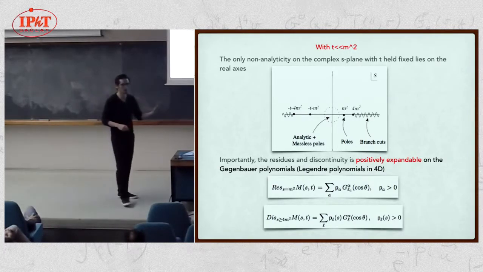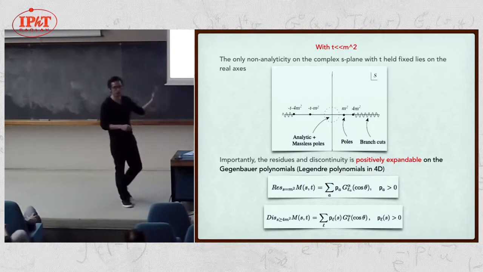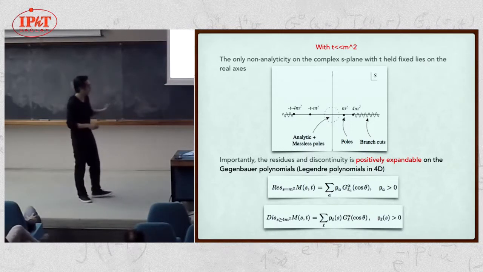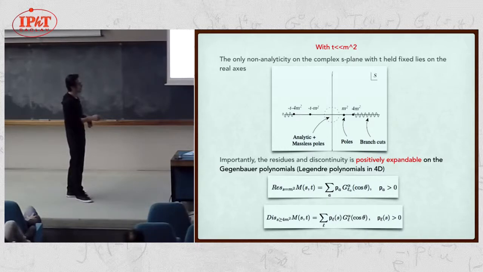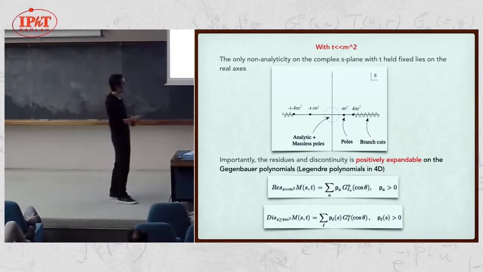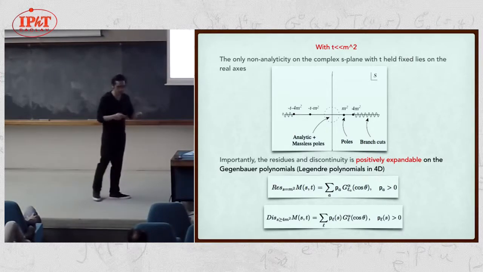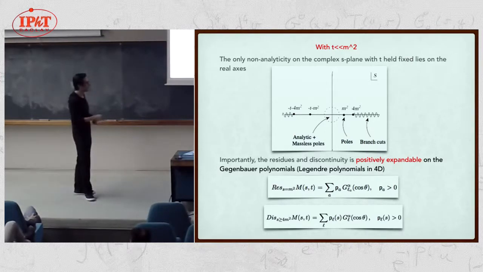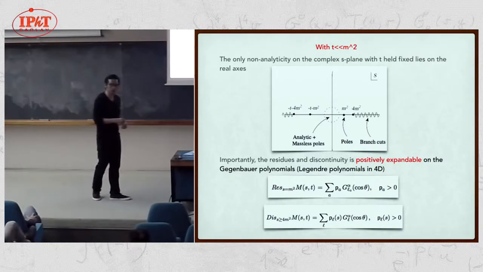Because I'm assuming nothing about what my UV physics is, it might be higher dimension, it might be lower, it might be 4 dimensions, I'm going to use general Gegenbauer polynomials, and more importantly, it's positively expanded. So at tree level, the positivity is straightforward. It's just the fact that this coefficient is the product of the 3-point coupling. At loop level, it's slightly non-trivial and you have to go through a little bit of proof. And basically, yes?